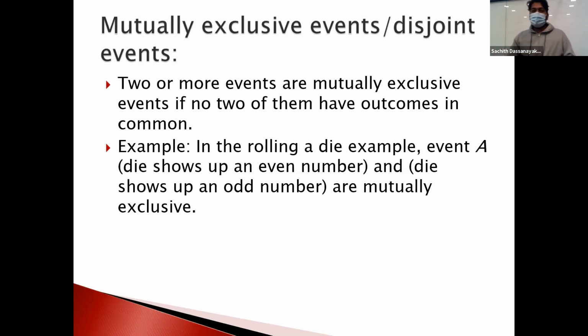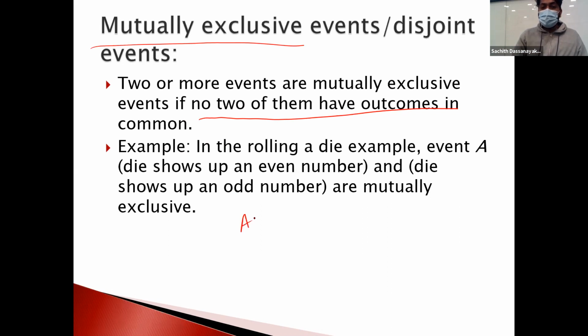Clear? So two or more events are mutually exclusive if no two of them have outcomes in common. Okay, that's what we call mutually exclusive, which means, let's say we have events A and B, A intersect B is null.